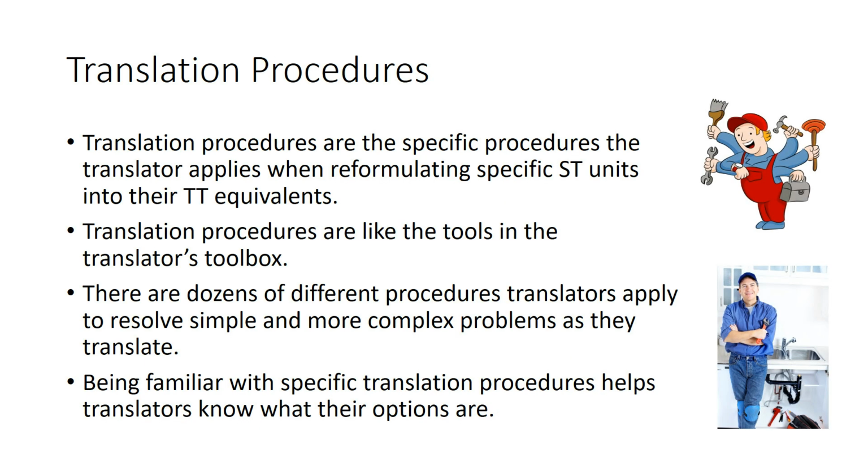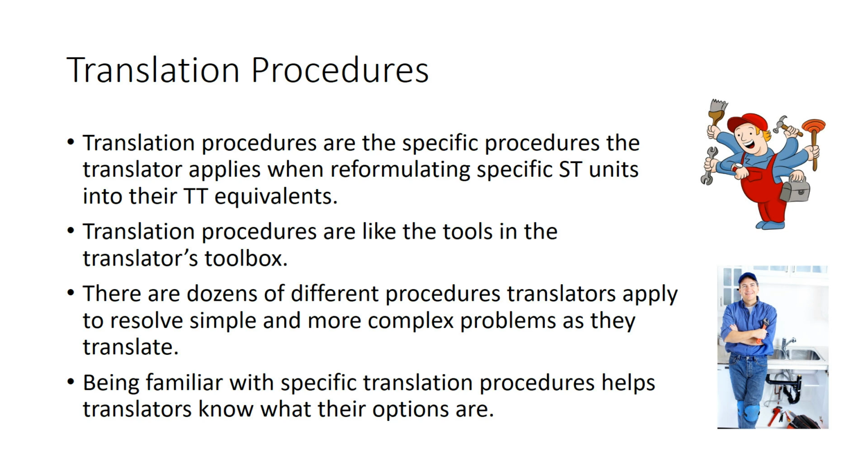All right, believe it or not, we're getting toward the end of the presentation, and we're finally talking about translation procedures. What are translation procedures? Well, translation procedures are the specific procedures that translators apply when they actually are reformulating specific source text units into their target text equivalents. I like to think of translation procedures like the tools the translator has in his or her toolbox, okay?